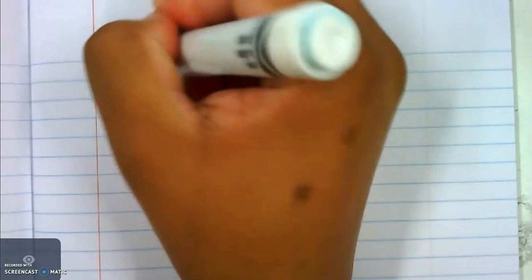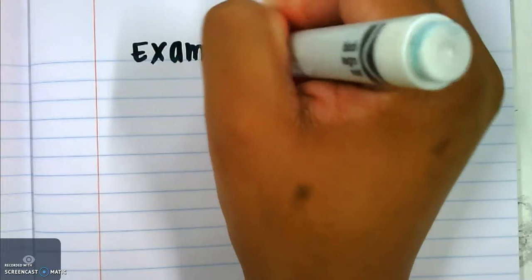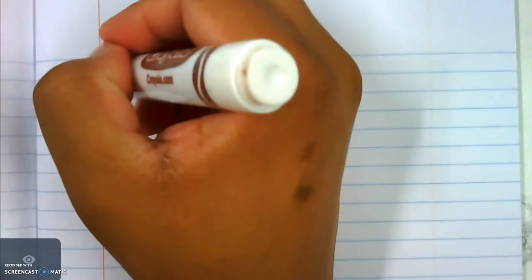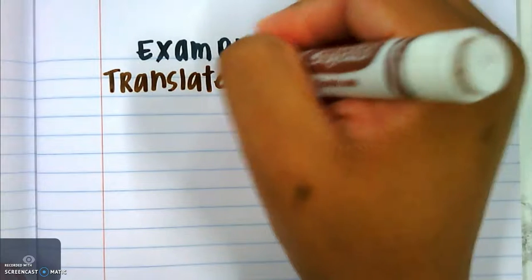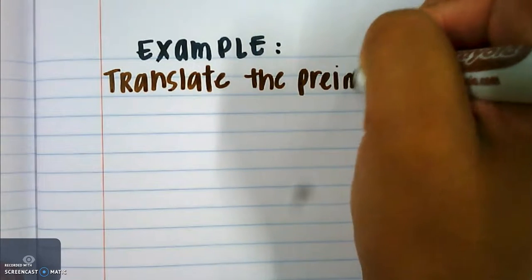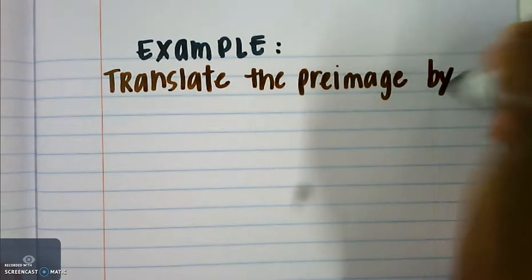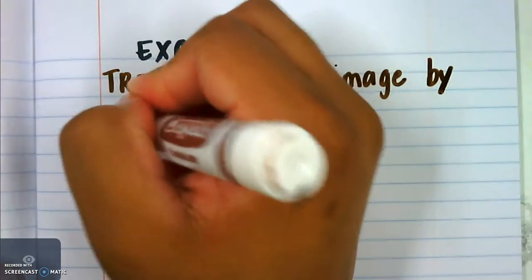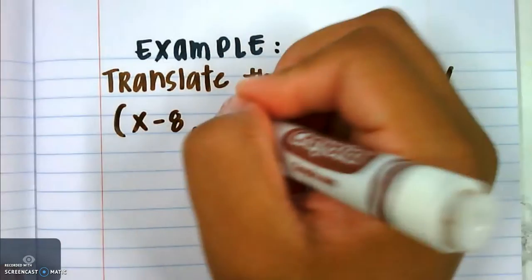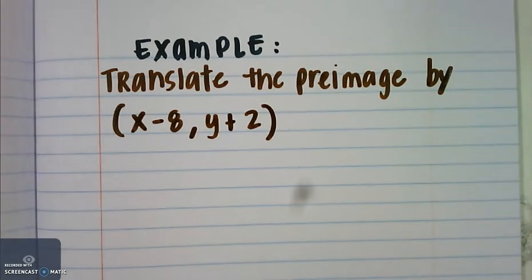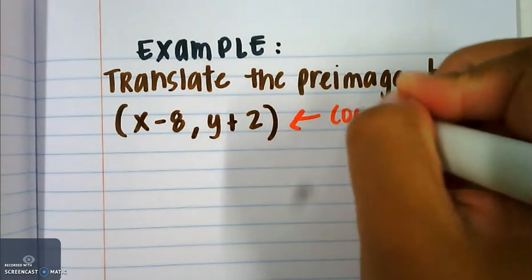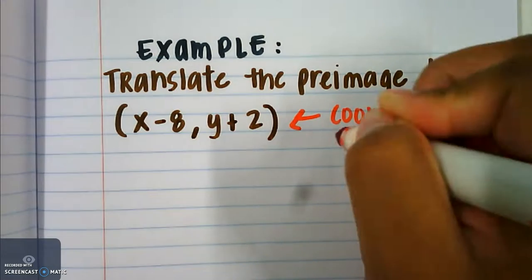In that example, it says we need to translate the pre-image by, this is coordinate notation, x minus 8, y plus 2. This right here is our coordinate notation.